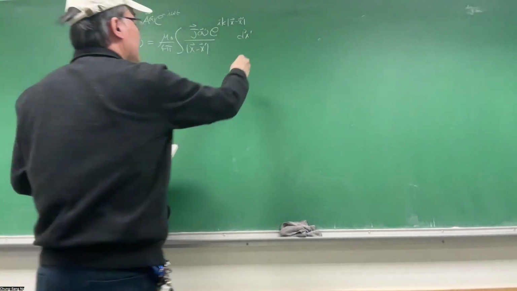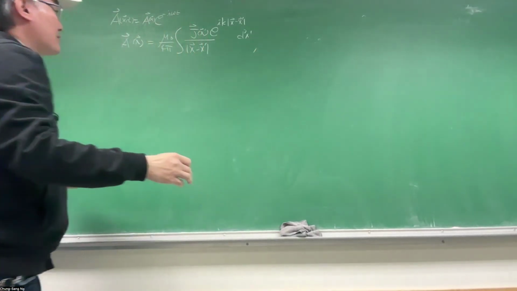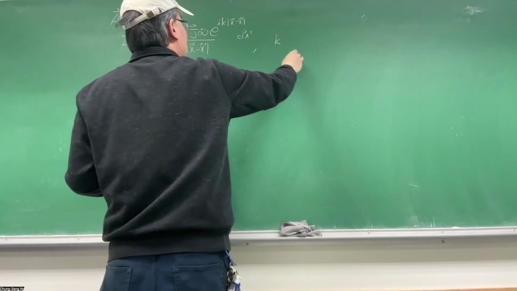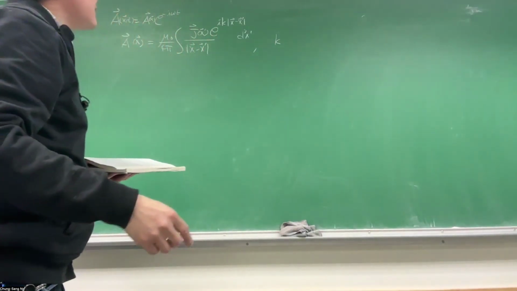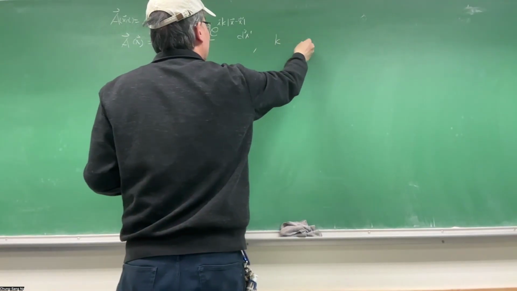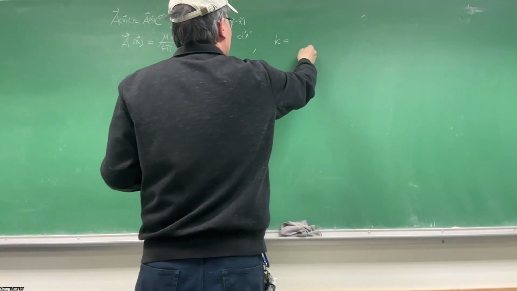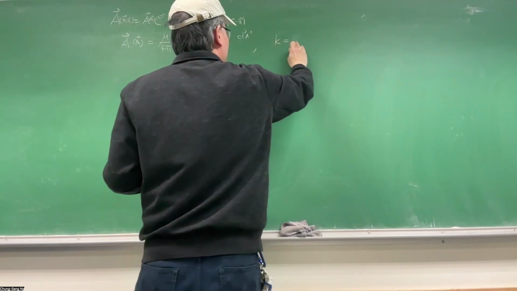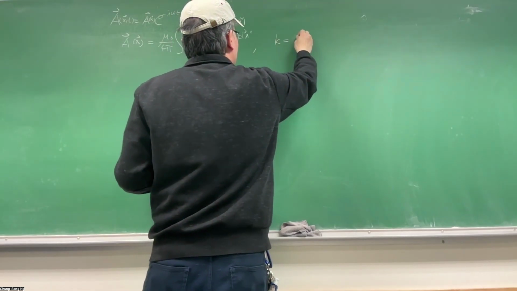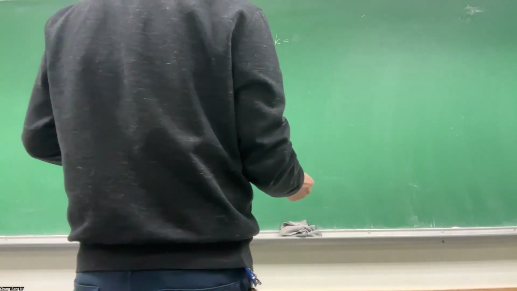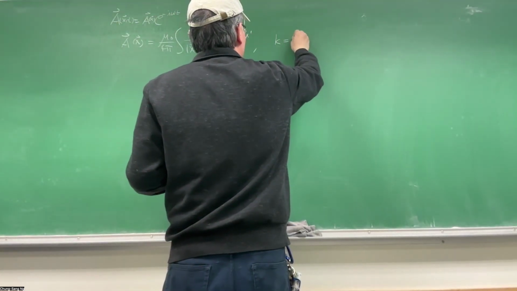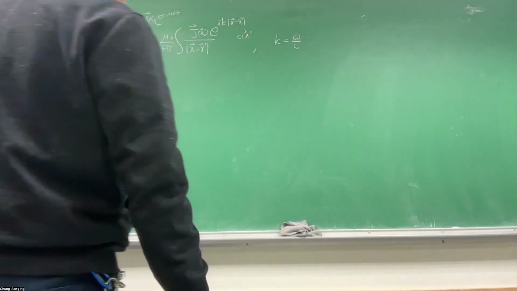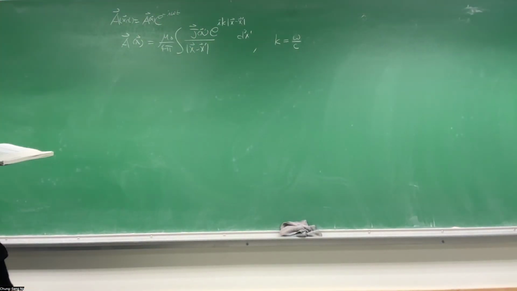Right, and this k is just the wave number, and we are also considering vacuum, so we're not considering a medium yet, because that depends on the medium and can be very complicated. k is omega over c. Right, so that's the wave number.